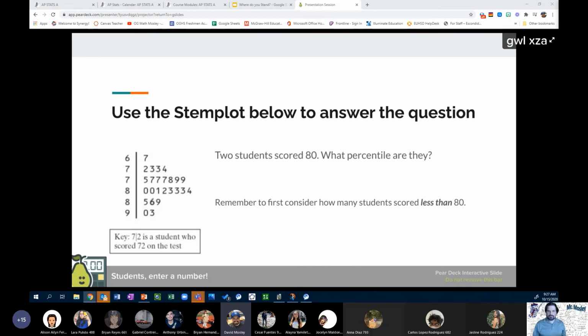For this question, the correct percentile would be the 48th percentile. 48% of the scores were less than 80. We had 12 scores less than 80. We take 12 divided by 25, that gives us 0.48, which means 48% were less than. So our percentile for the score of 80 is the 48th percentile.